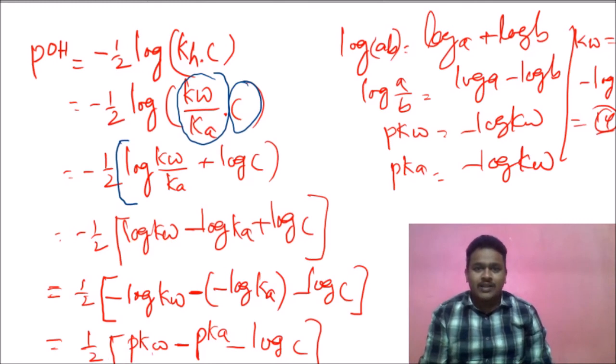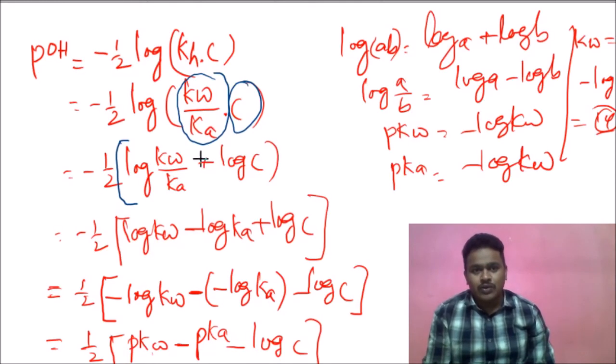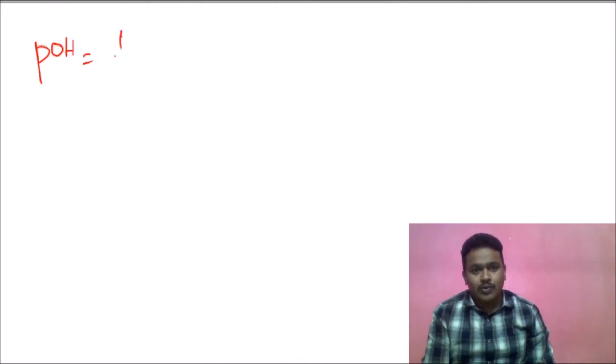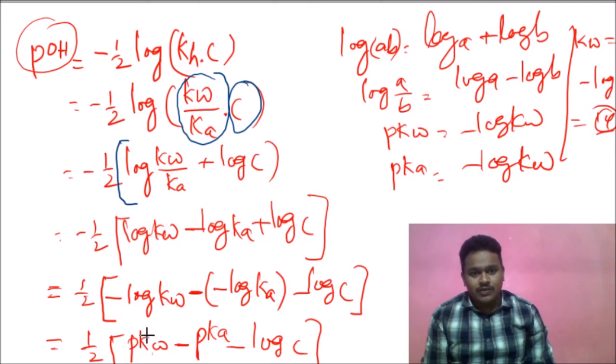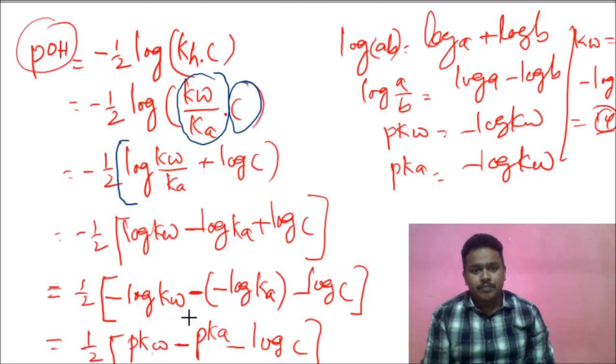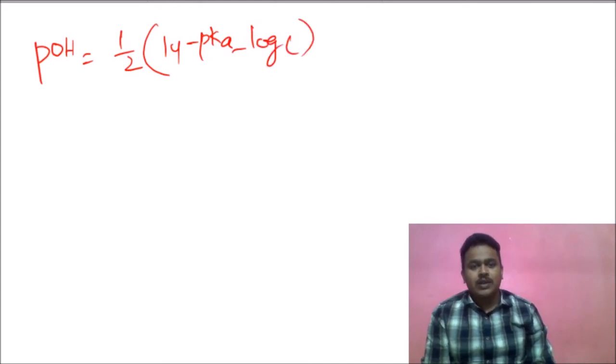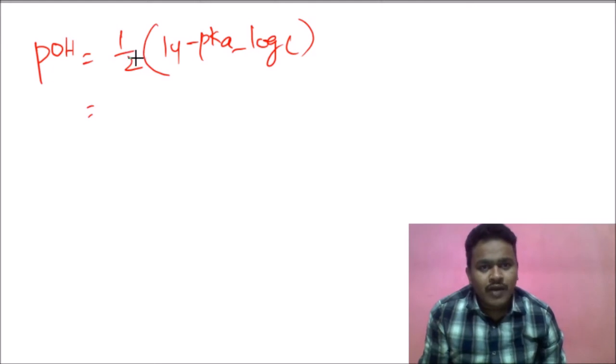Here what I will write in the next page? Finally pOH is equal to 1 by 2, 14, this value is 14, minus pka minus log c. So now I will send this to inside.